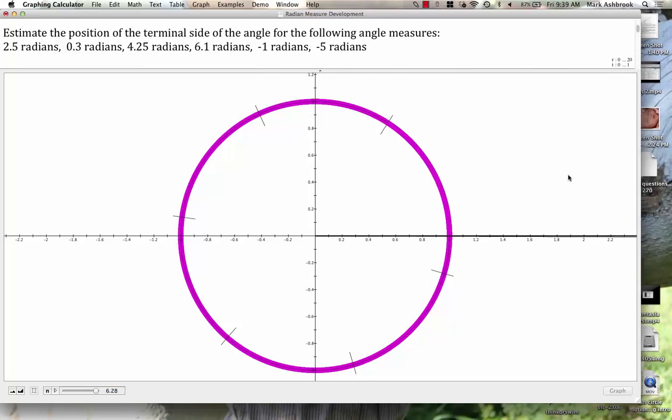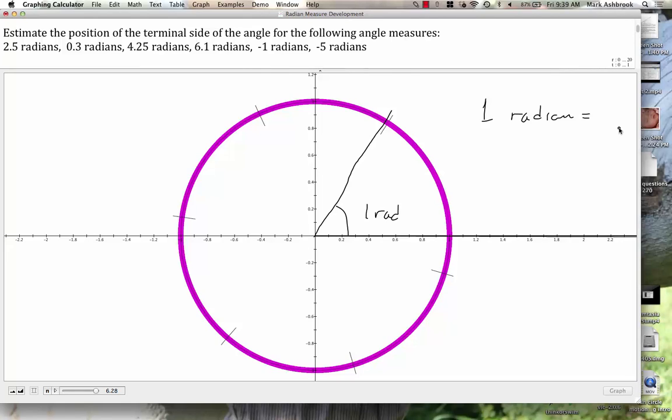Okay, so 1 radian. Remember our original thought about angle was fraction of the circumference. So I want you to find that 1 radian arc length in terms of fraction of the circumference. 1 radian equals what? What percentage or what fraction of the circumference is 1 radian?